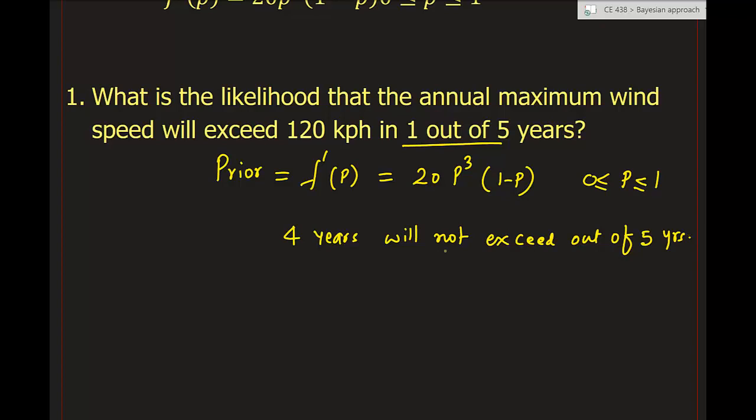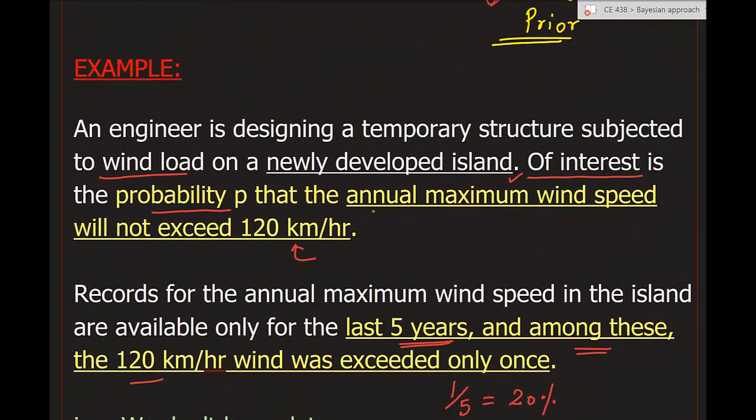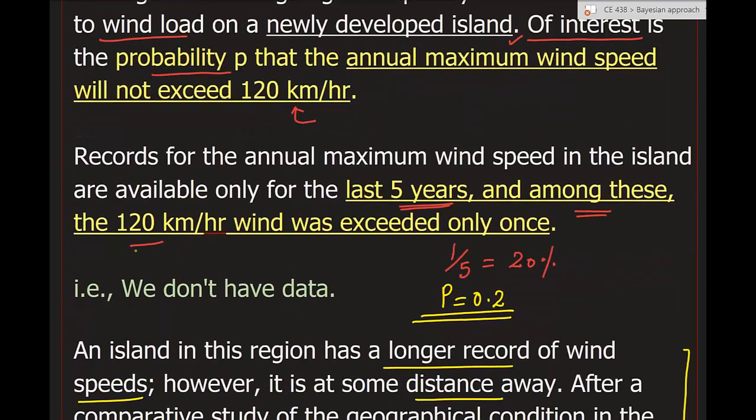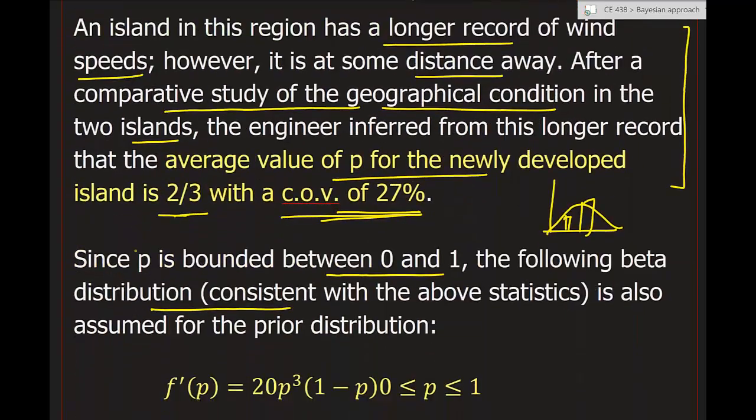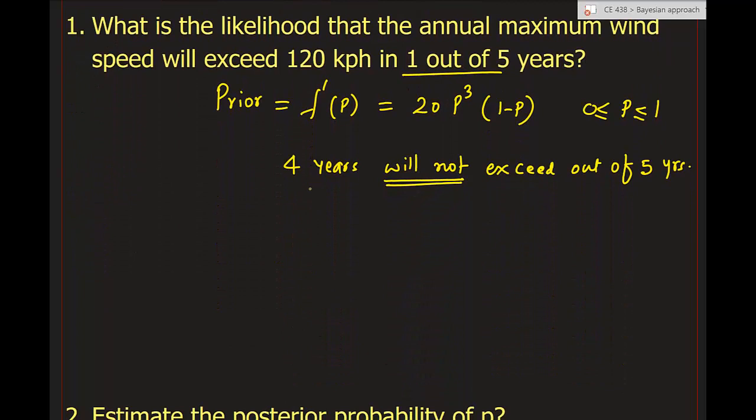I am writing in terms of will not exceed because P is the probability of non-exceedance. So P is the probability that the annual maximum wind speed will not exceed the design wind speed, that is 120 km per hour in this case. So now we can use the binomial theorem to find the likelihood.